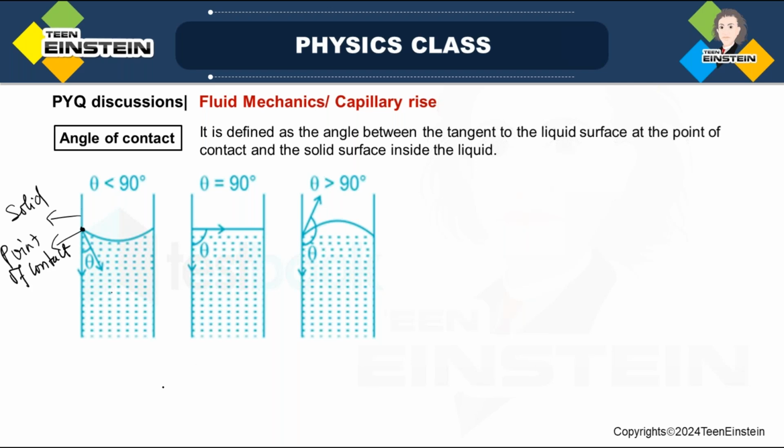At this point of contact there will be either rise or depression of the liquid surface, and depending on that the meniscus will be either concave, convex or plane. Now, what is angle of contact? This is another parameter to determine whether the meniscus will be concave, convex or plane.